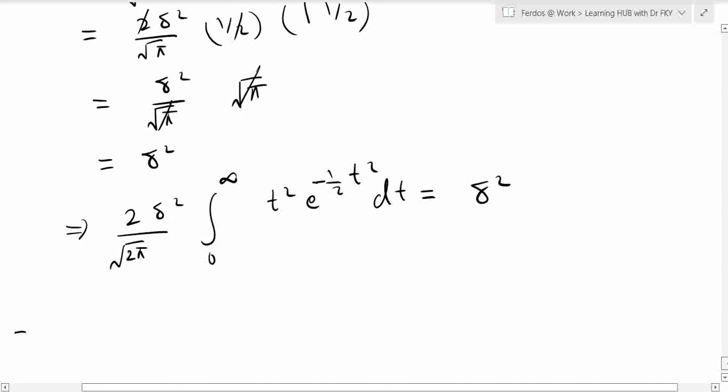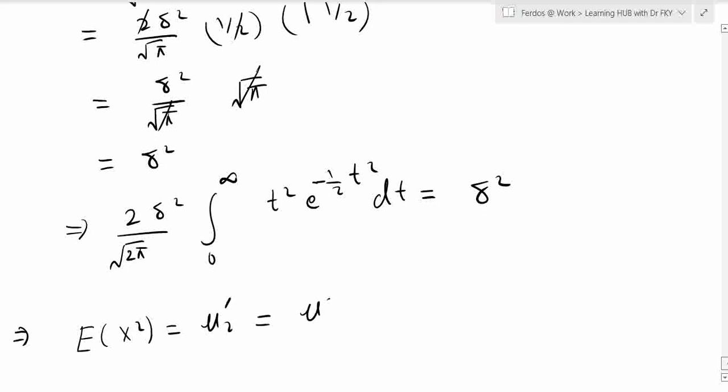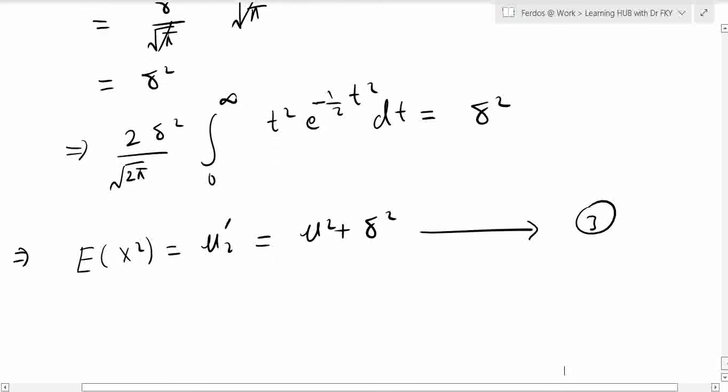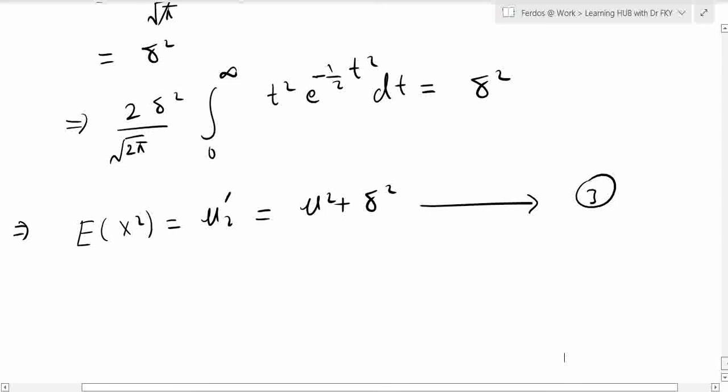Therefore, we can say that E of x square, which is equal to mu 2 prime, is equal to mu square plus sigma square. Equation 3. Okay, now we have mu 2 prime, mu 1 prime, and we already have m1 prime, m2 prime.